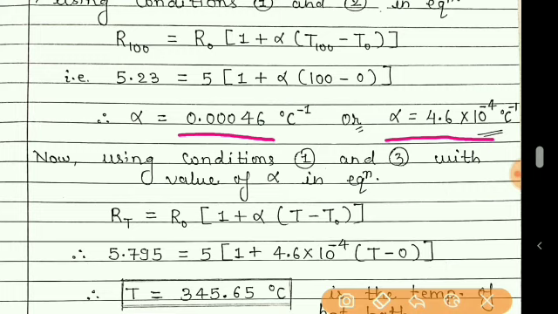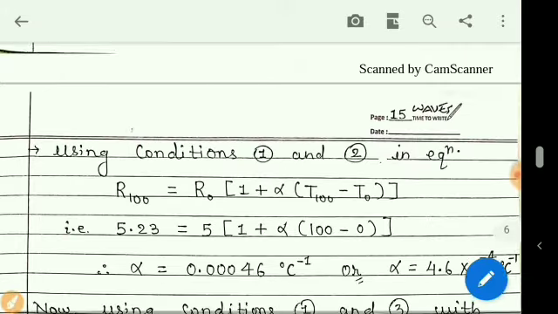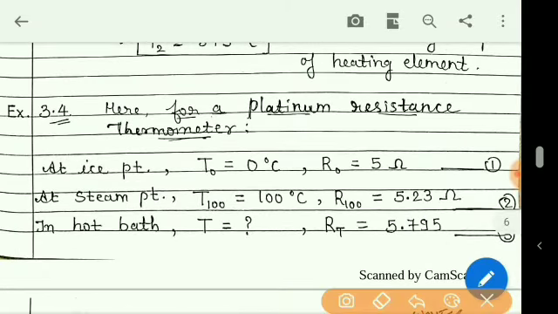Now alpha is known to us. Now using the first and the third condition. You can also use second and third, but why are we using the first condition only? It is because it is easy to calculate, because here the temperature is 0.